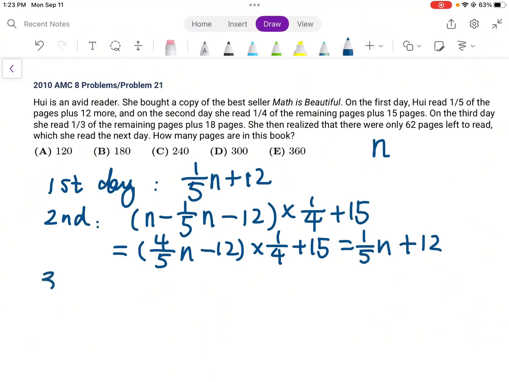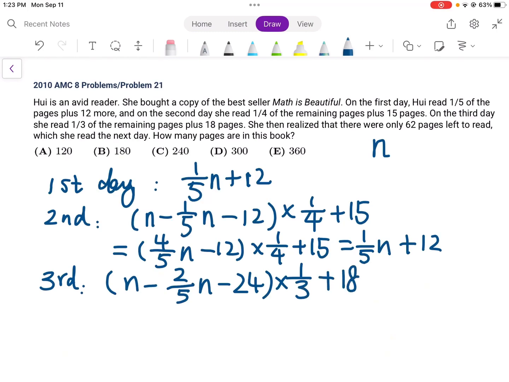And the third day, she reads 1/3 of the remaining pages, which is n subtract the first day and the second day. Because they are equal, they sum up to be 2/5 n plus 24, so the remaining is (3/5 n subtract 24) multiplied by 1/3 plus 18 more pages.